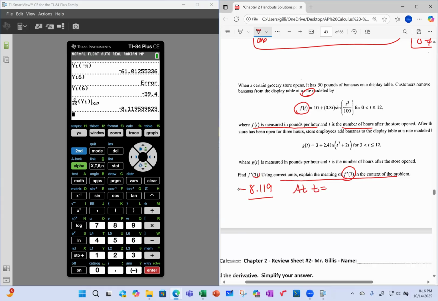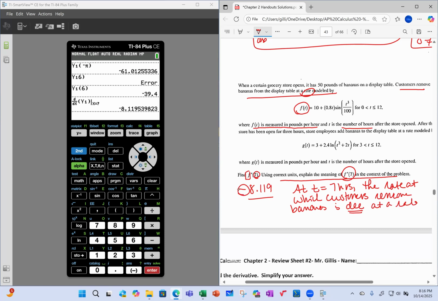At t equals 7 hours, the function, this is the function f. What is f? It tells you rate in the stem of the question. The rate at which customers remove bananas is decreasing, because this is negative, at a rate of 8.119.